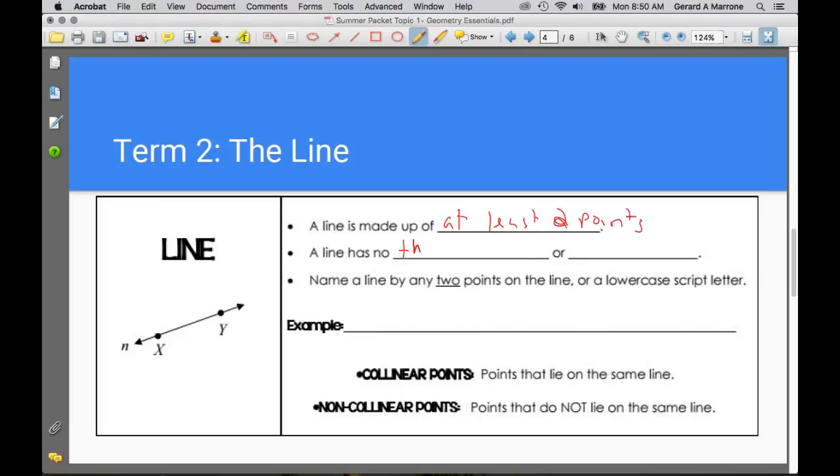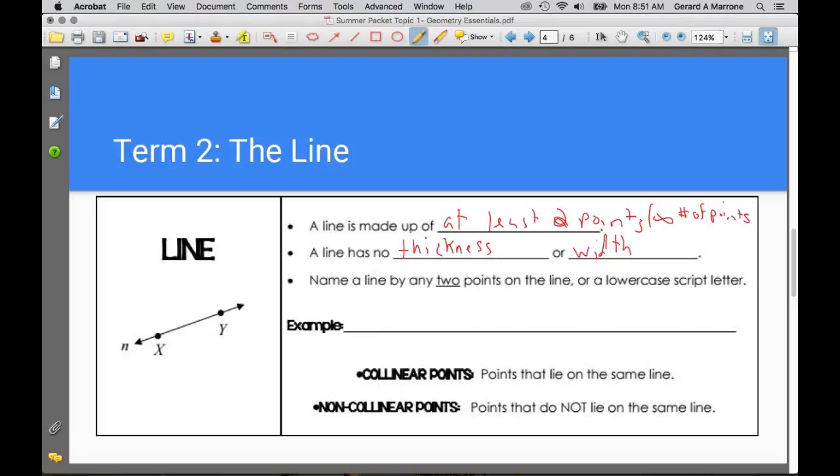So it's just the thinnest piece you could possibly think of. So there's no thickness or width to a line. And in parentheses, I'm going to put up here that it has an infinite number of points. There's no way to count all the points that are inside of our example line XY over here.